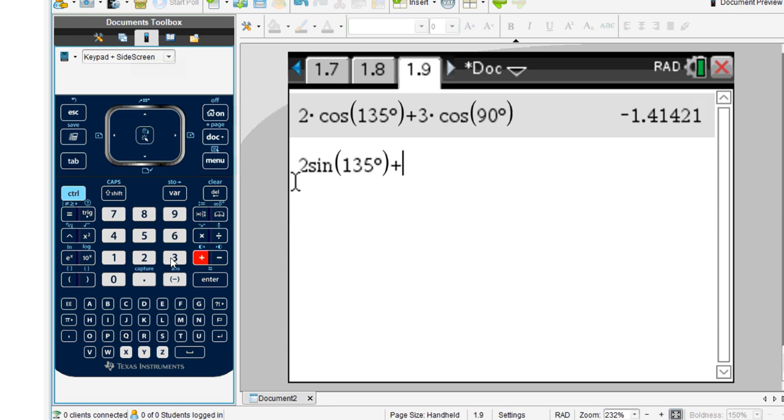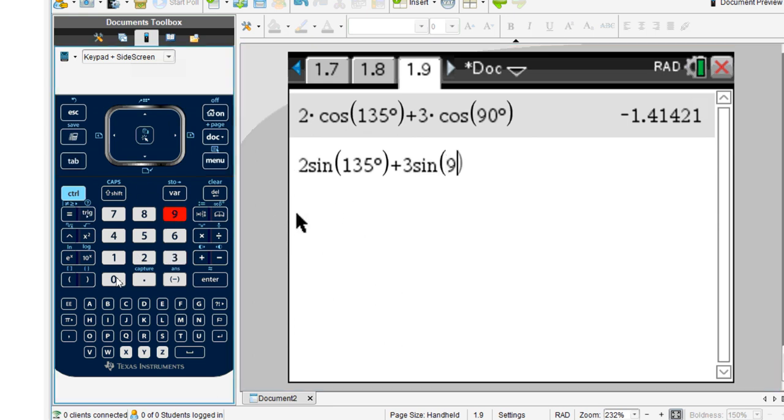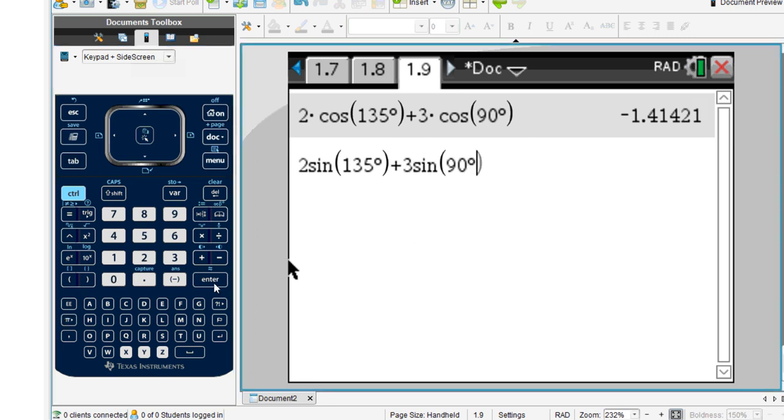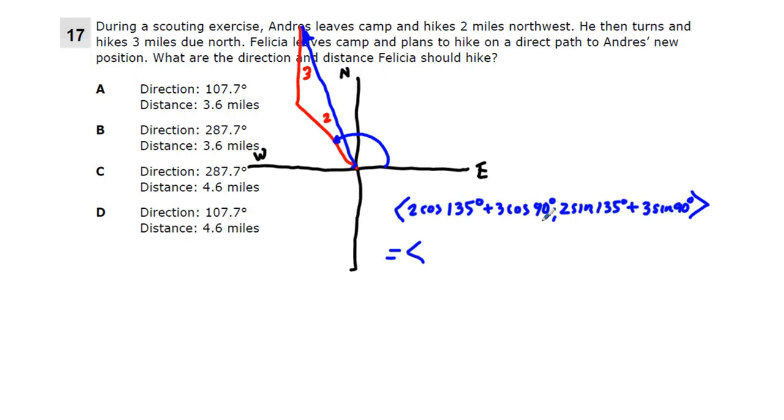Plus 3 sine, second guess I was right, 90 degrees. We're just going to simplify to 1. So we have that. So negative 1.41, comma 4.41.